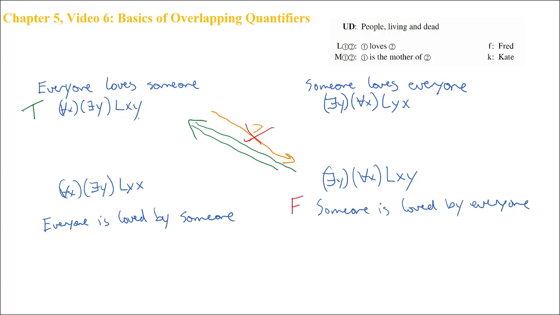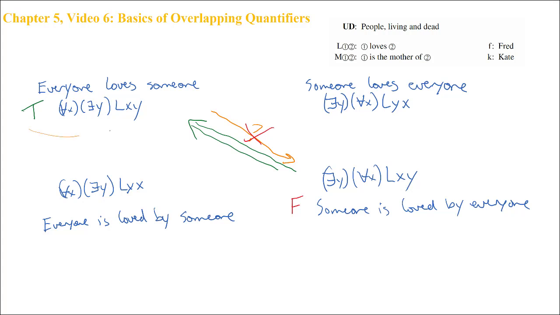As long as each person in the universe of discourse loves some particular person, the upper left sentence will be true. Down here, what's being required is that there is at least one person, and let's just focus on a single person. There's at least one person, say Kate, such that every person loves her. There's one unique, super loved person.